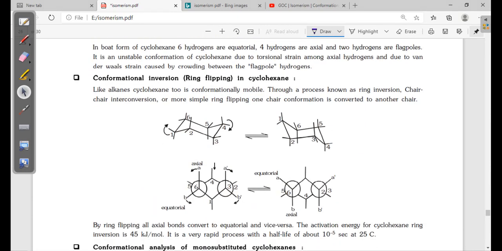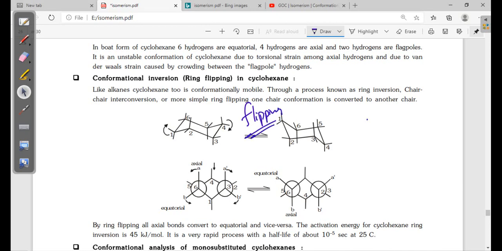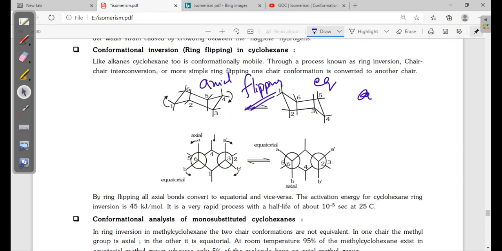Now for stability, this cyclohexane may undergo flipping. What happens in flipping? In the flipping, axial becomes equatorial. You can see here A dash is there.